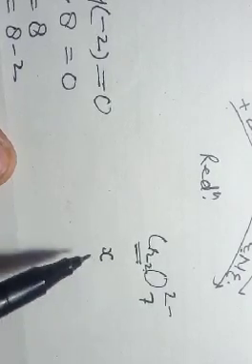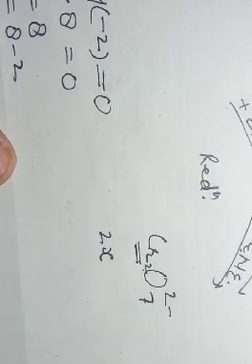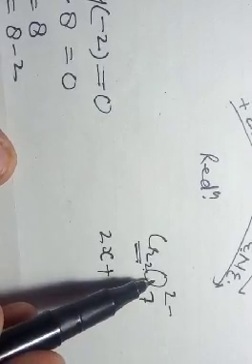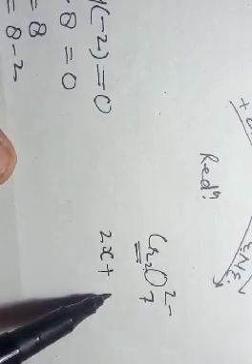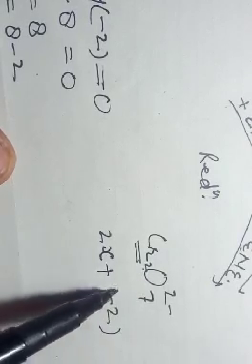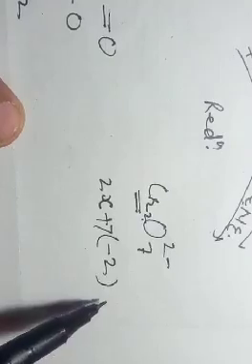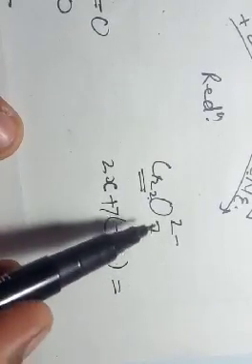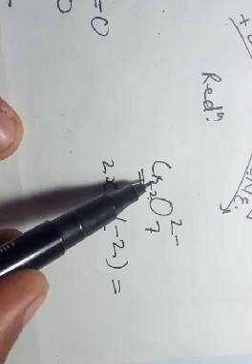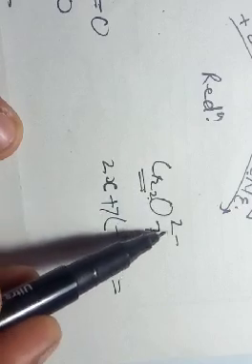Because 2 atoms of chromium are present here, it will be 2x. Then plus the oxidation state of oxygen, which is -2 in compounds, with a total of 7 atoms, multiplied by 7.